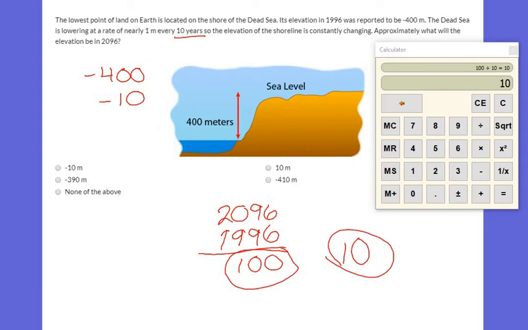So negative 400 is going down further. It's going to be a larger looking negative. So the elevation would then be negative 410 meters, the new elevation in 2096. Seems like a terribly long time from now.